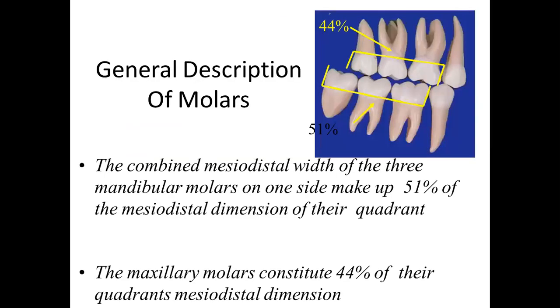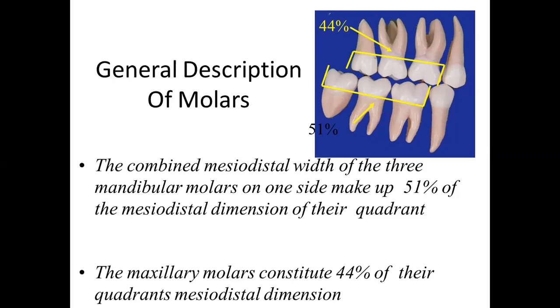Starting with the general description of molars. When we see the mesodistal dimension of molars in mandibular teeth, the mesodistal width of the three molars takes up about 51% of the mesodistal dimension of the quadrant, in comparison to the maxillary teeth, which constitute 44% of their mesodistal dimension in one quadrant.